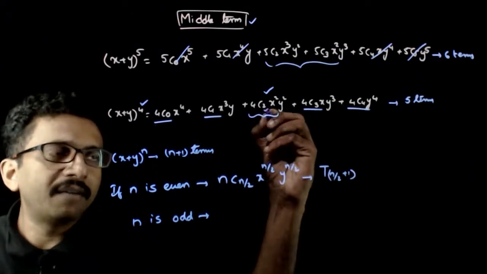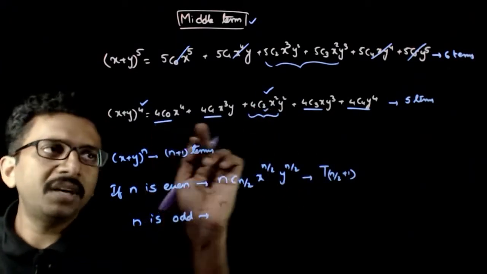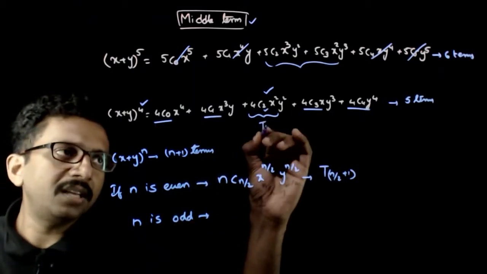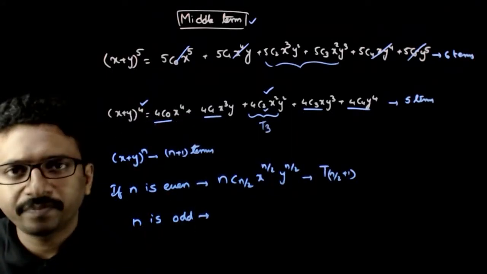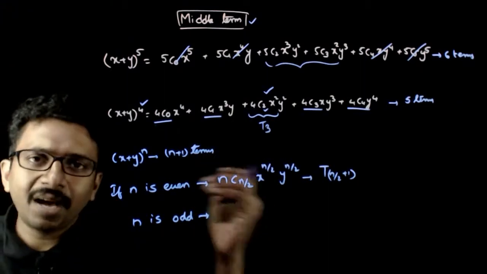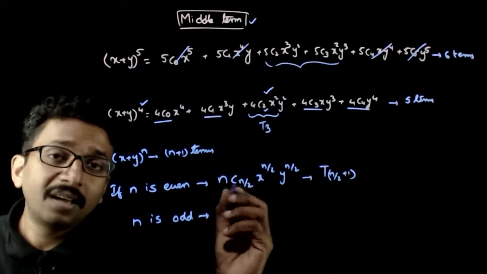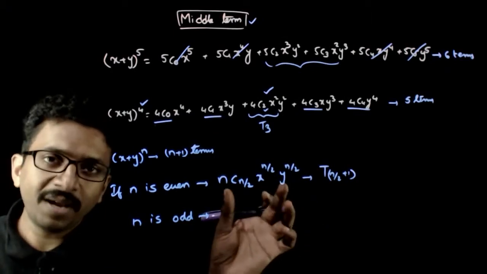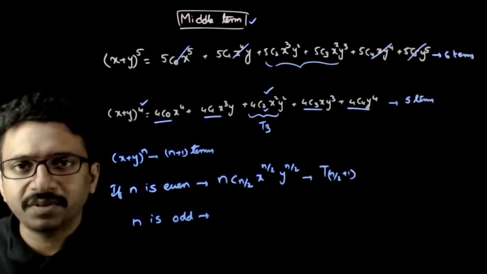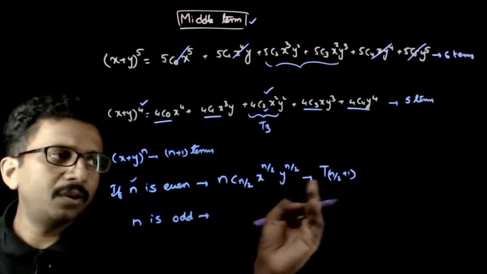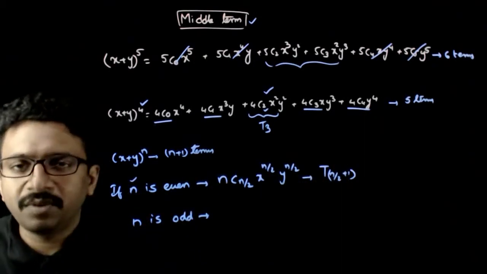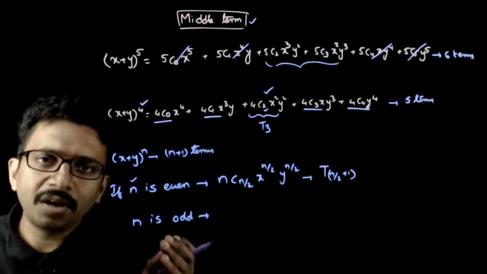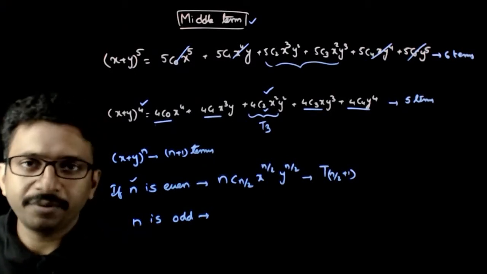Here n/2 is 2, so T1, T2, T3. So T3 is the middle term if n is 4. By observing the pattern, nC(n/2) x^(n/2) y^(n/2) is the middle term, and this corresponds to T(n/2 + 1). So if n is even, the (n/2 + 1)th term will be the middle term. If n is odd, you have 2 middle terms, and you cannot directly do n/2.